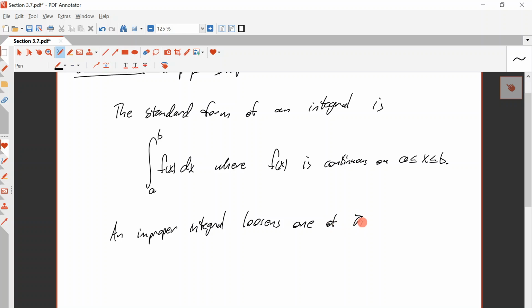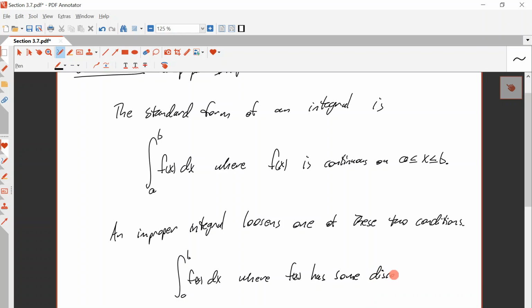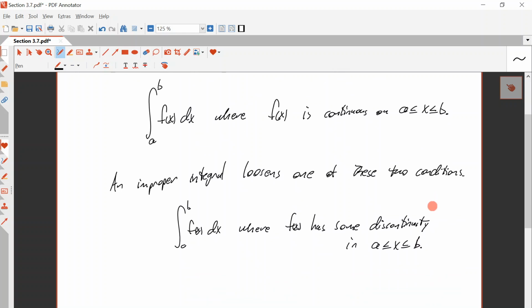One of these two conditions: the integral from a to b f(x) dx, where f of x has some discontinuity in the interval from a to b, typically at a or b itself.